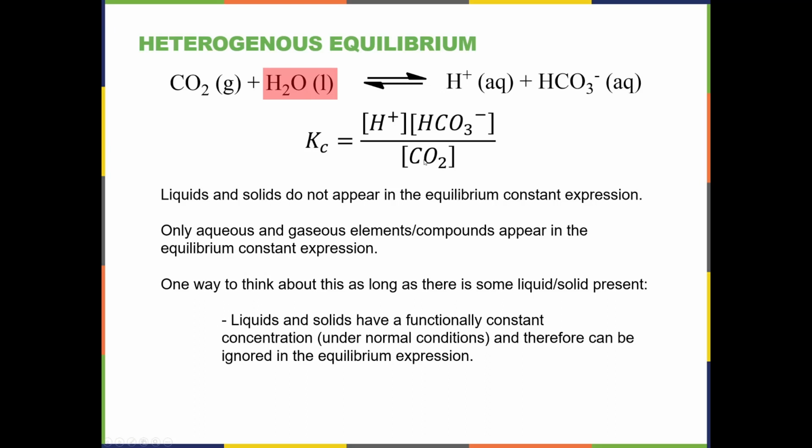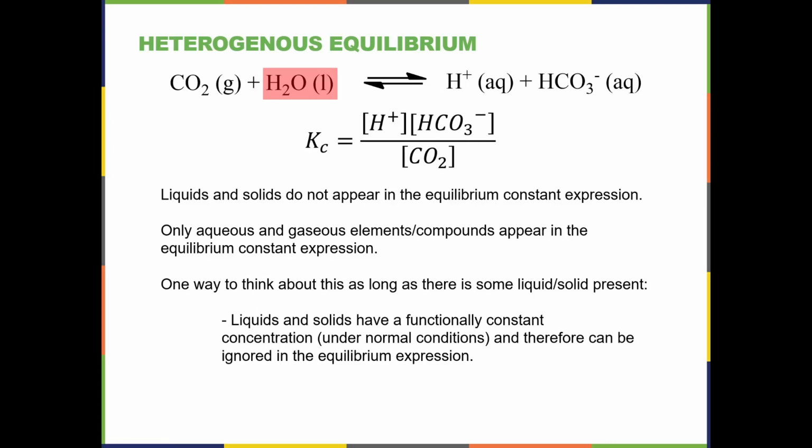But solids and liquids, in this case water, which is highlighted red here, are not in this. One way to think about this is that as long as there's some of this liquid and solid present, they have functionally the same concentration. So their concentration is a constant, and we ignore them in the equilibrium constant expression.